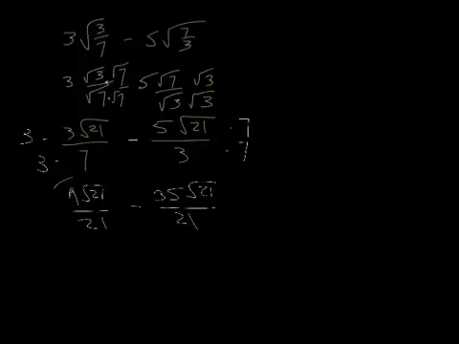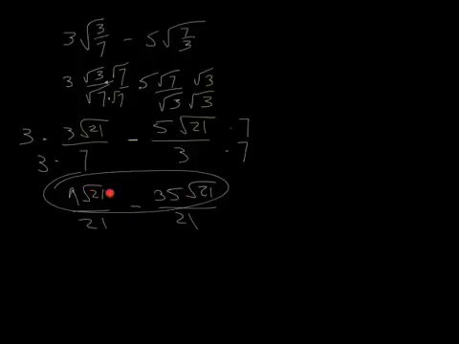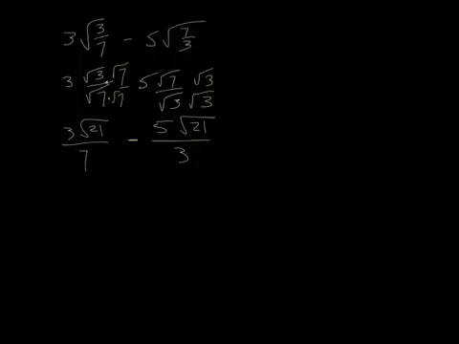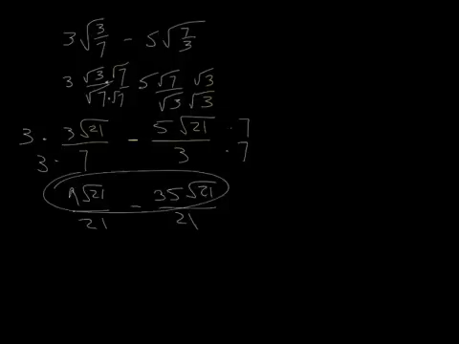Now I can combine these for two reasons: I have common denominators and the number under the radical is the same. Those two things have to be true or I can't combine. So 9 minus 35 is negative 26, square root of 21 over 21, and I'm done.